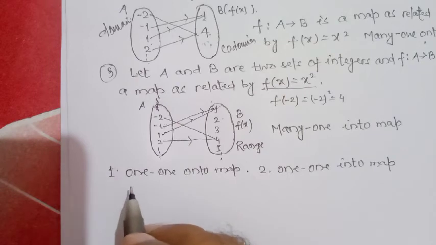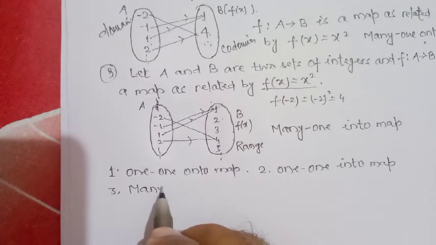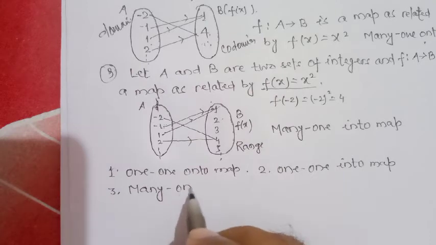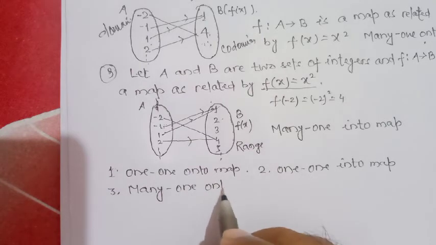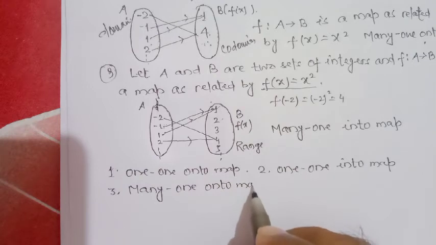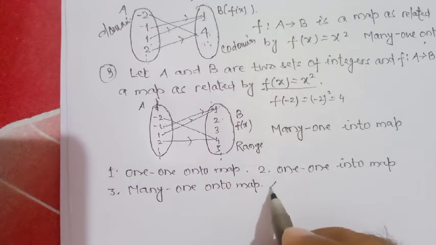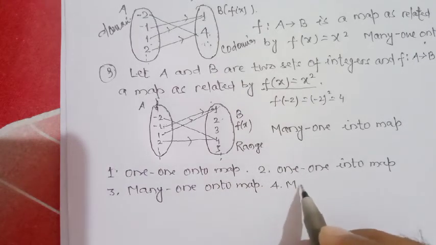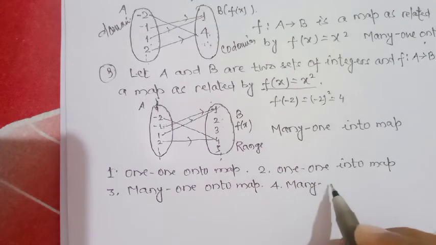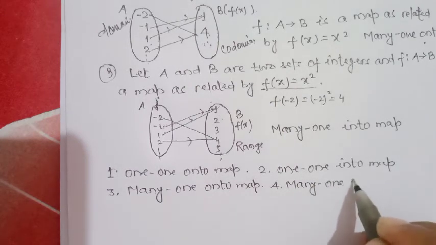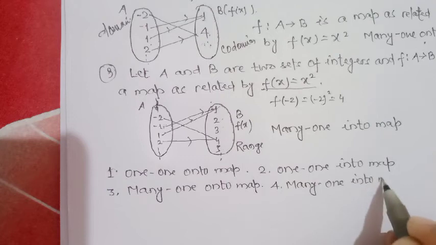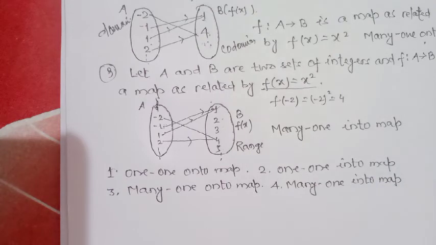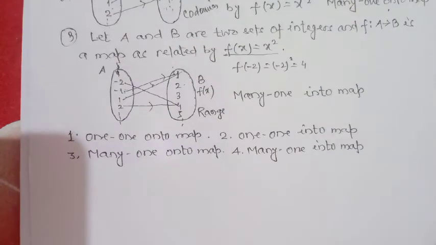Third is many one onto map. You have already seen with examples. And the fourth is many one into map. These all except the second one, you have seen the example earlier.